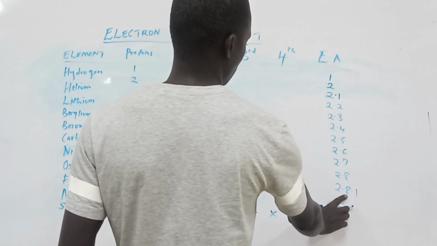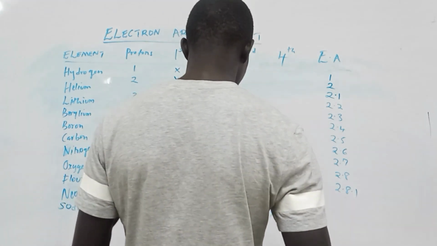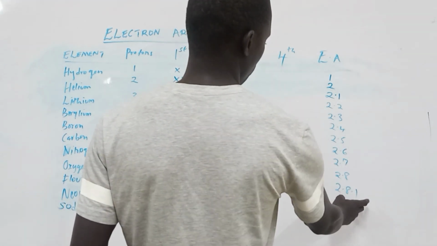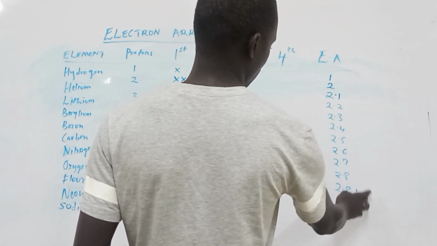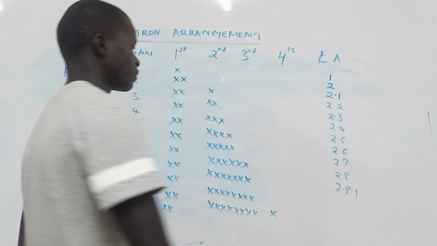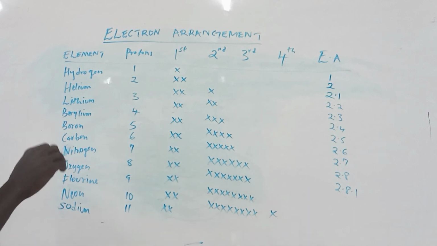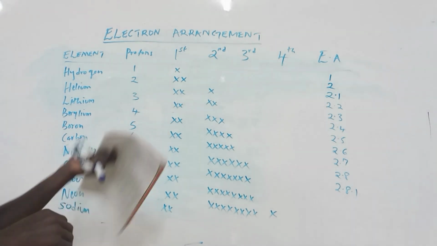Because the second energy level is full, we move to the third energy level. That's also what happens when the third energy level is full, we move to the fourth energy level. Those are the electron arrangements for this first level.